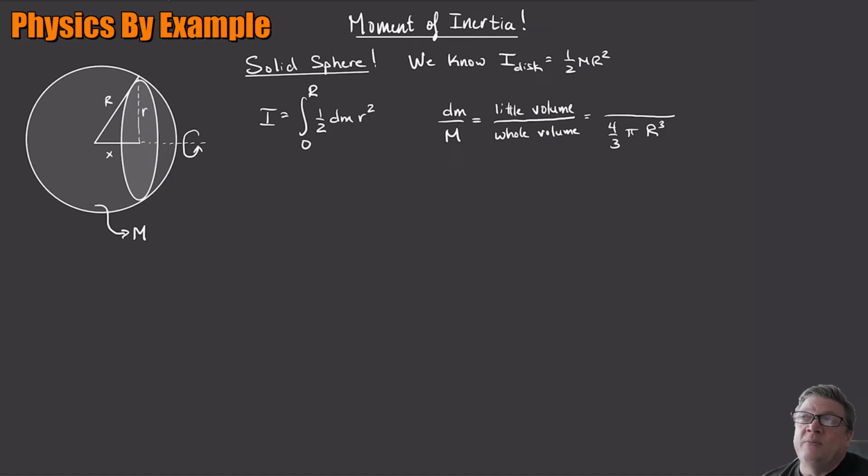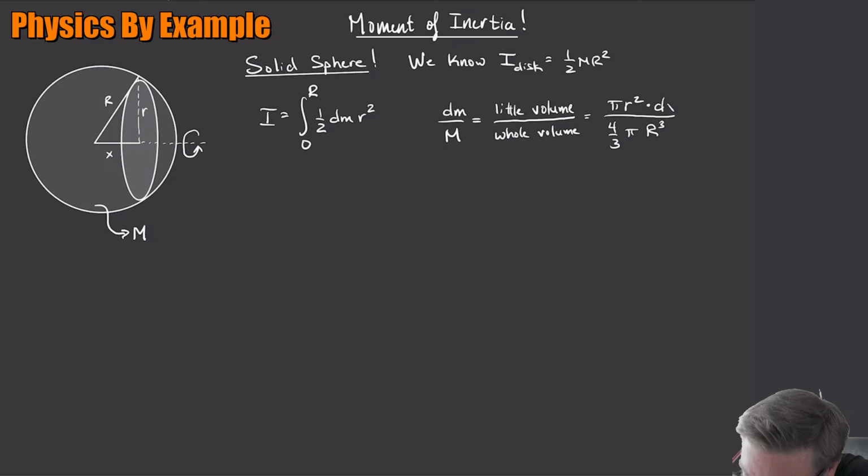What's the little volume? What's the volume of one of those little disks? Well, it's just going to be the area times the thickness. What's the area of a little disk? It's just going to be pi times r squared times, what is the thickness of those disks? Well, I'm integrating along that direction x, and so the thickness of each of those things is just going to be dx.